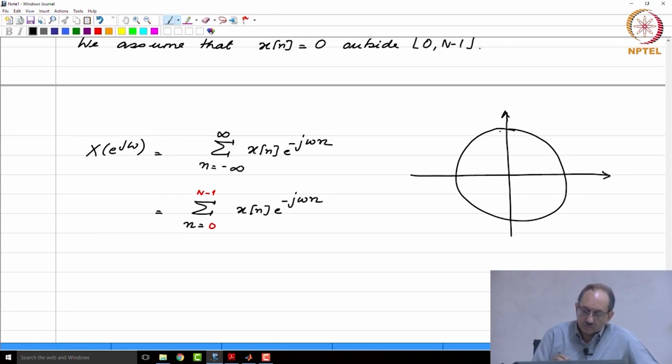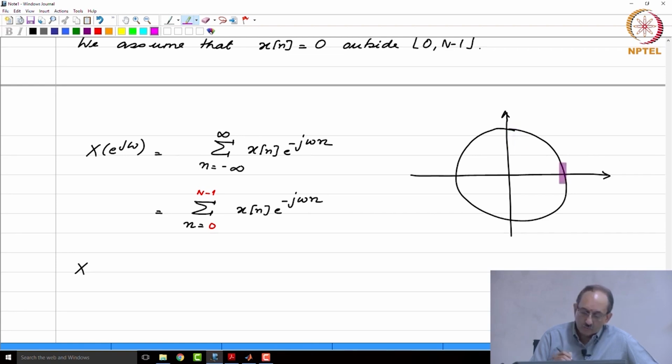So, we get a continuum of values from 0 to 2 pi. Now, what we are going to do is take the DTFT, which is X of z evaluated along a continuum, namely 0 to 2 pi as far as omega is concerned.